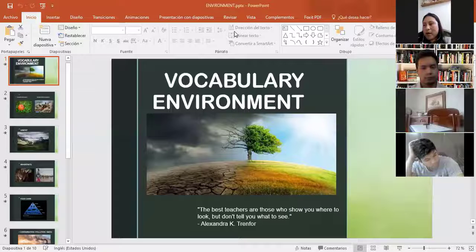And also, if people don't reduce the use of energy, this has a lot of consequences for the environment, I think.